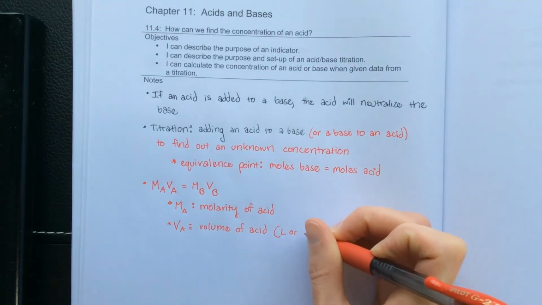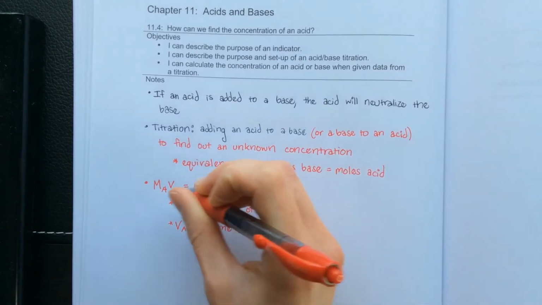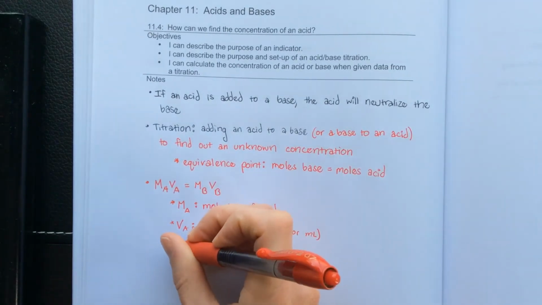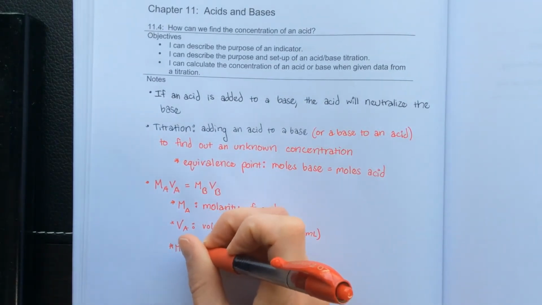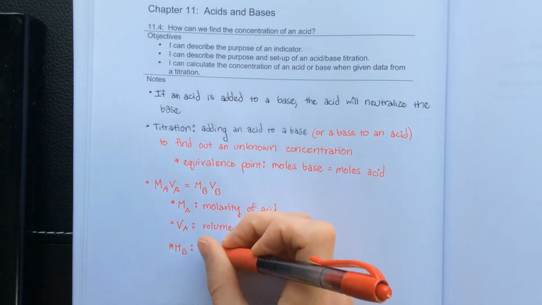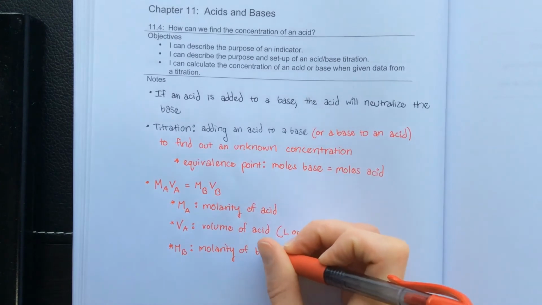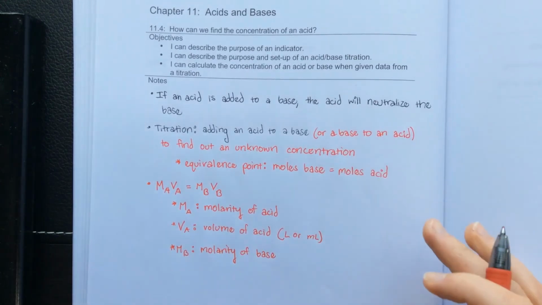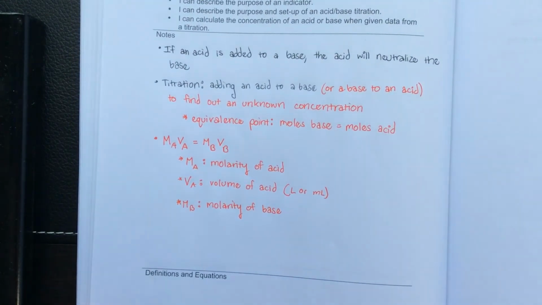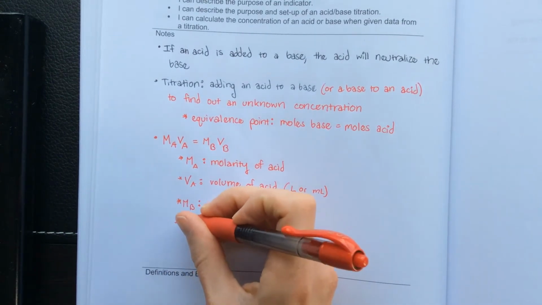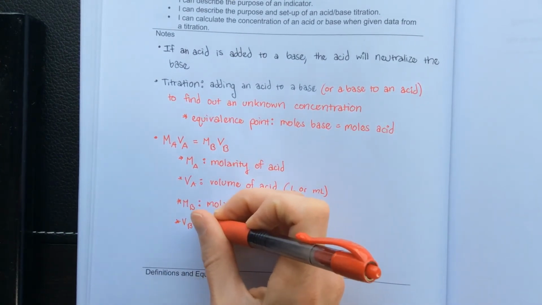It doesn't matter as long as your two volumes are the same unit, or else your math gets messed up. MB is the molarity of the base, and VB is, of course, the volume of the base.